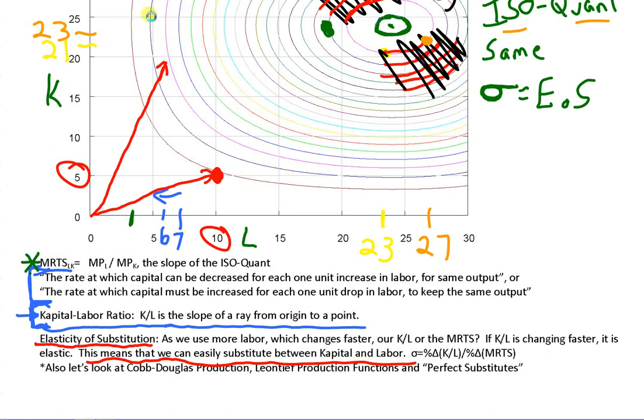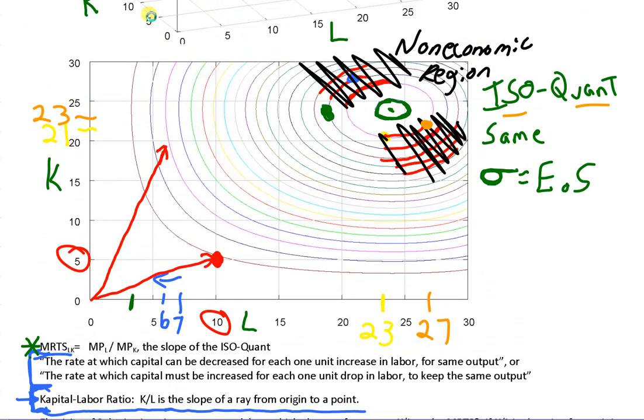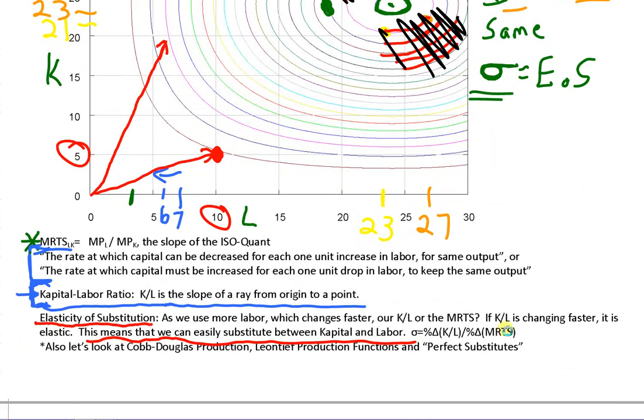Let me just clean this up a little bit. Are you more like an L, or are you more like a straight line with your indifference curves? And this elasticity of substitution measure, let me just write the formula here because this is probably too small. Well, let me just zoom in here for you.